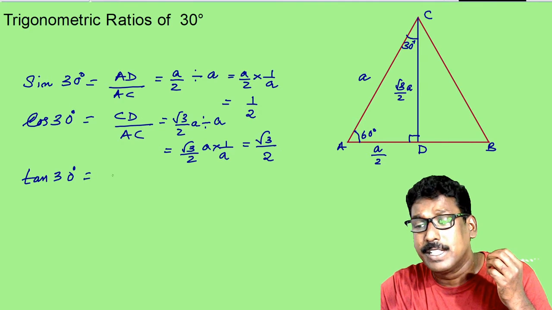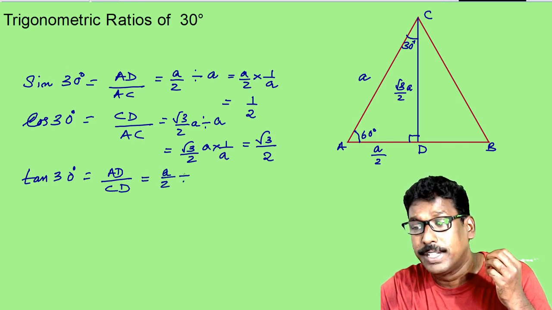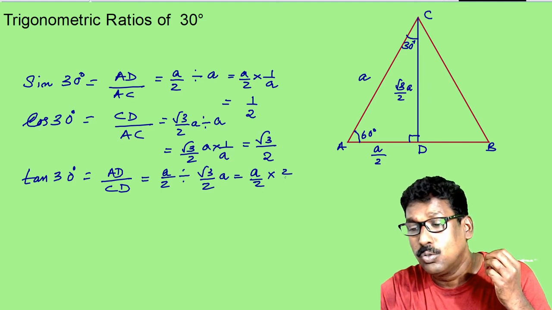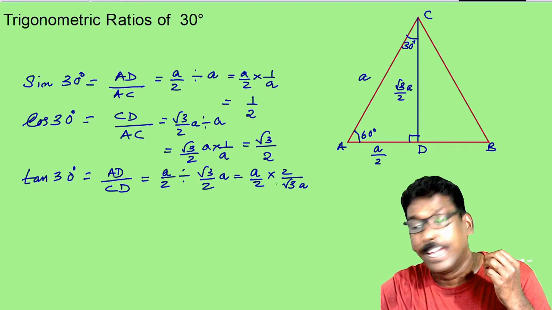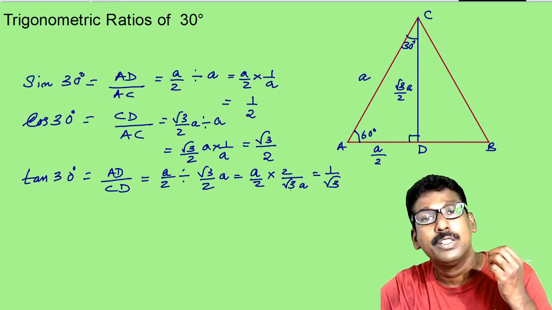Tan 30 degrees is the opposite side AD by the adjacent side CD, which is equal to a by 2 divided by root 3 by 2a, which you can rewrite as a by 2 into 2 by root 3a. The a cancels, 2 also cancels, so it is equal to 1 by root 3.